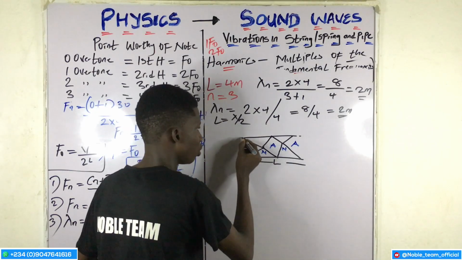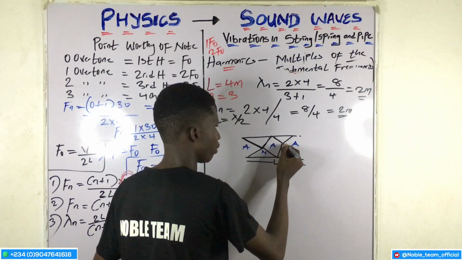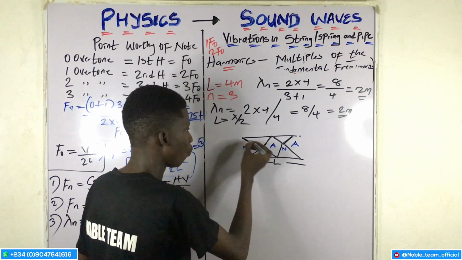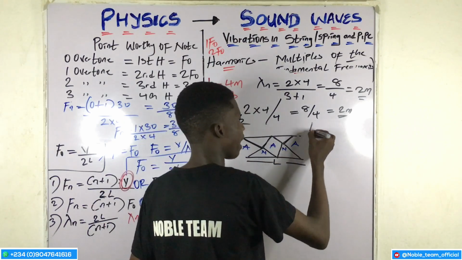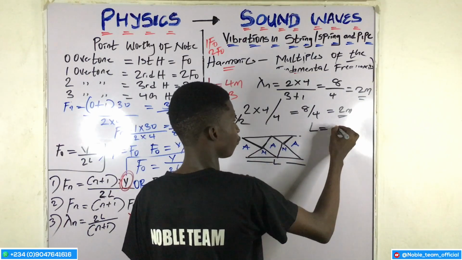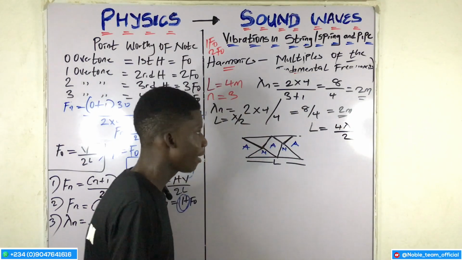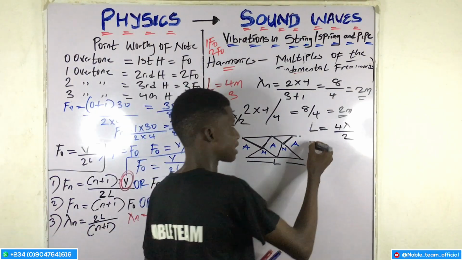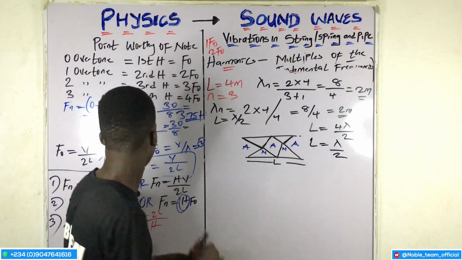So from here, they now ask you, how many loops do we have here? Let's count. 1, 2, 3, 4. So our L is equal to 4 lambda over 2. Do you know how we got this? Because we simply say that L is equal to lambda over 2 from what I just explained.